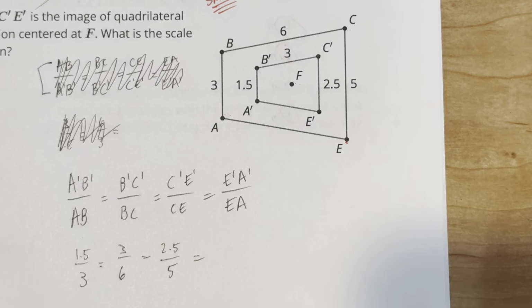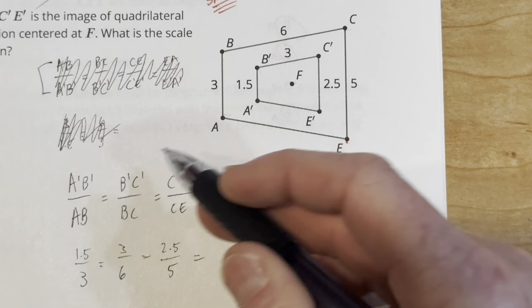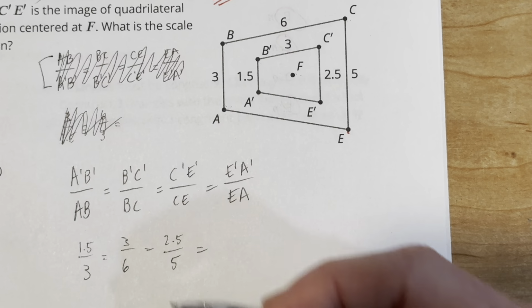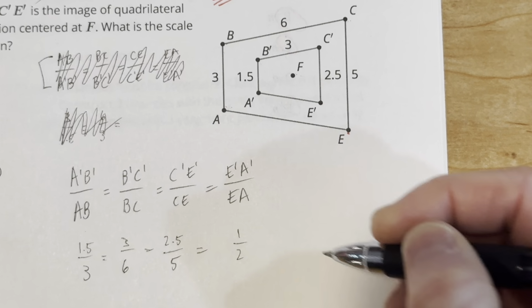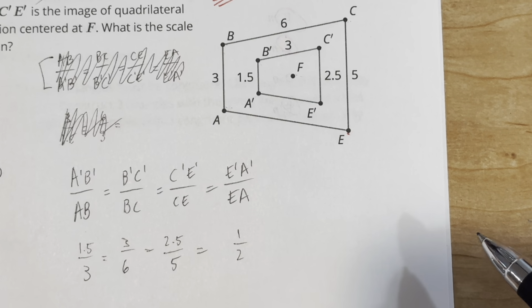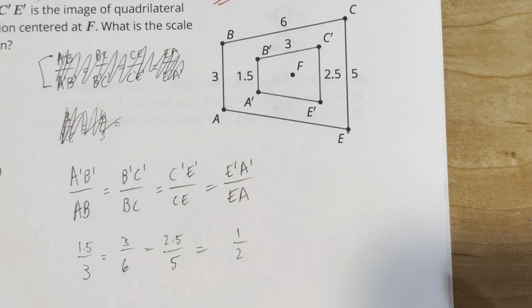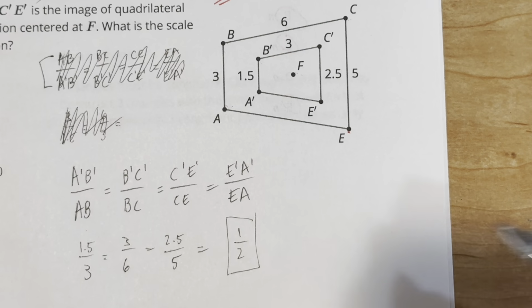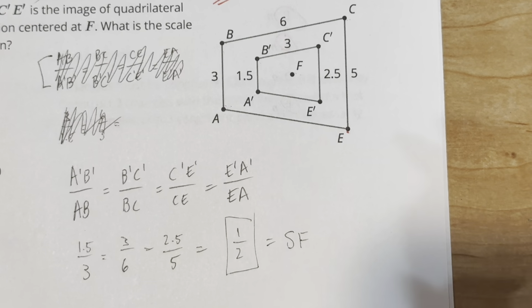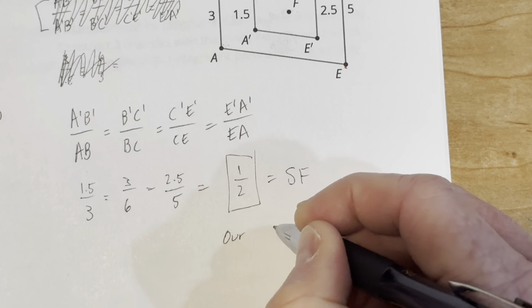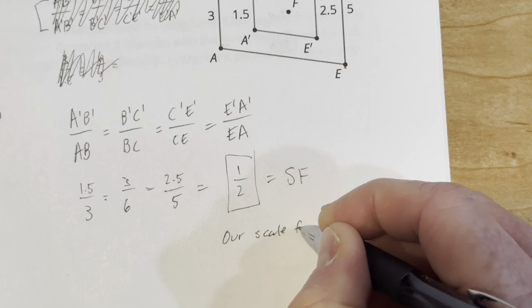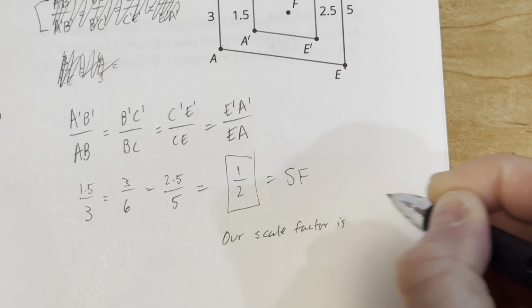And E prime, A prime, they didn't give it to us, or EA. So what is this? 1.5 over 3 is the same as 1 over 2. 3 over 6 is the same as 1 over 2. 2.5 over 5 is the same as 1 over 2. That's our scale factor. Our scale factor is 1/2.